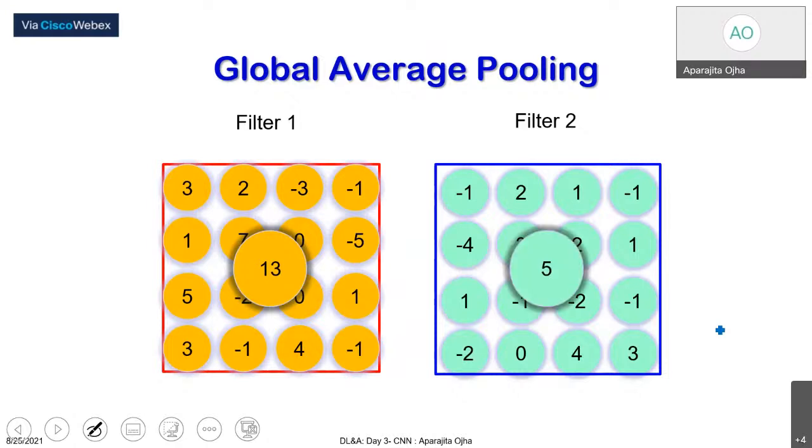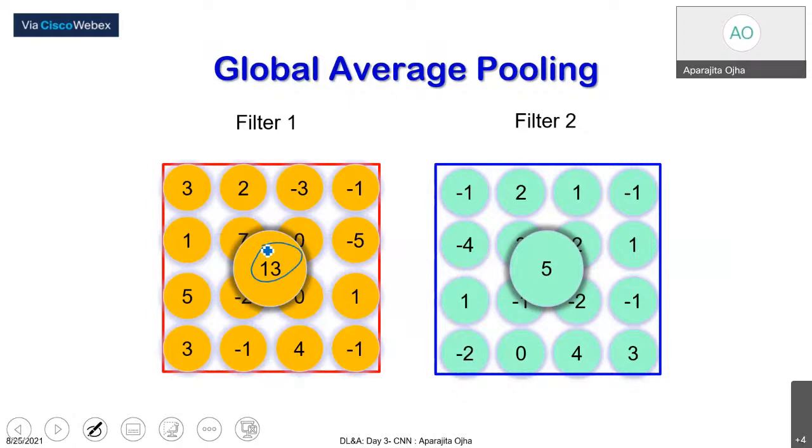And then similarly here, I'll be taking the average. So suppose you have 16 filters. So the output will be 1 cross 16. If you have 16 filters, each filter will give rise to one activation map, and you take the average value of that activation map to give you just a single value.